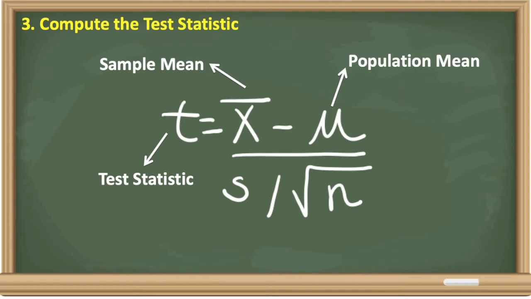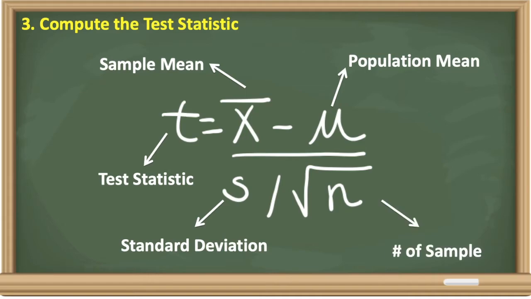So again, we've got the test statistic, the sample mean, and the population mean. Now, in our denominator here, the S is going to represent the standard deviation. Then we have this square root symbol, and under that is a lowercase n. The lowercase n here is going to represent the number of people that we have in our sample.